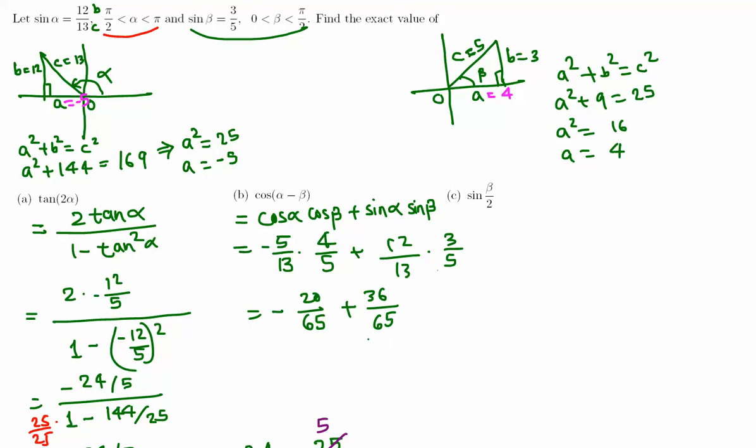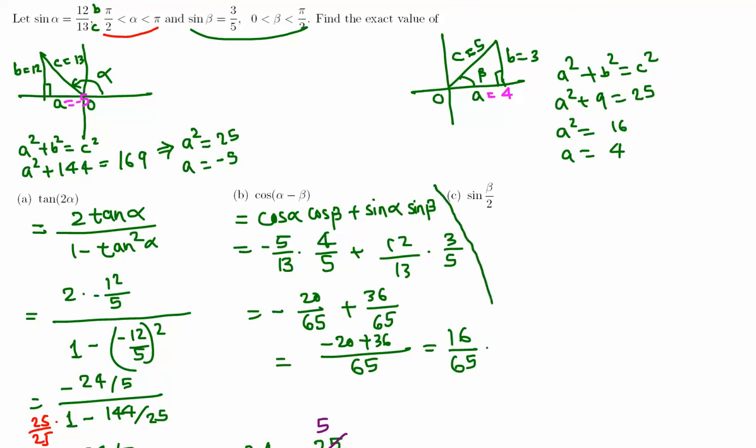We have the same bottoms, so 65, negative 20 plus 36. That means 36 minus 20, 16 over 65. And these are relatively prime because they don't have common factors. So this is the final answer.